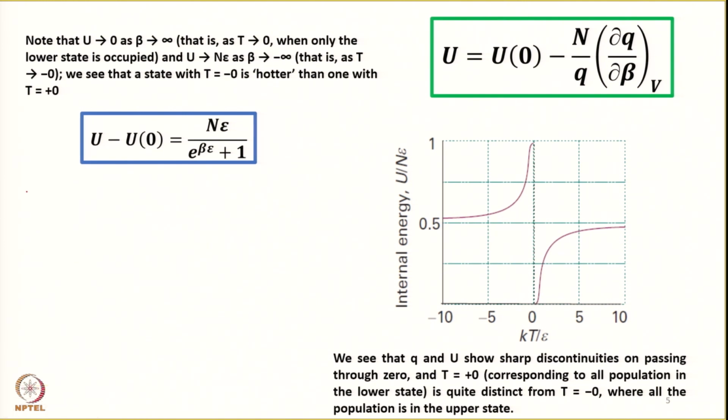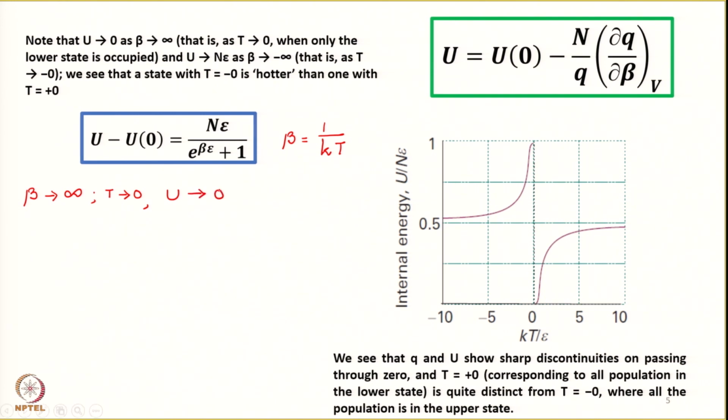When beta approaches a value of infinity, remember that beta is equal to 1 over kT. When beta approaches infinity, it means the temperature approaches 0. Then U will approach a value of 0.